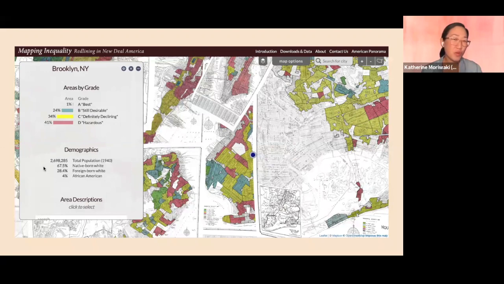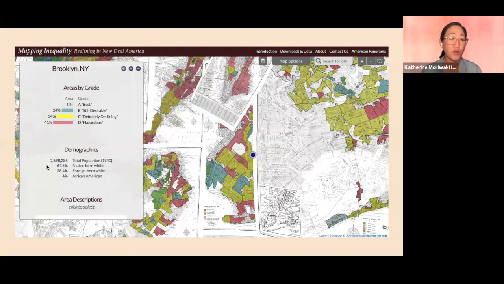Again, we mentioned redlining early on in the semester, but we'll bring it up again because this grading established whether or not people who lived in those zones were able to secure mortgages for homes. This has enormous implications because one of the main drivers of wealth generation in the United States is home ownership.